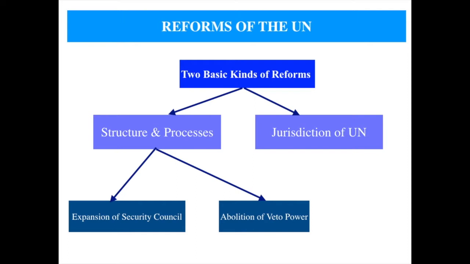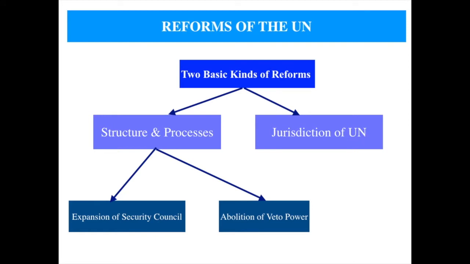Because of these changes in recent years, there have been demands for the reform of the United Nations in two basic kinds. The first is the reform of the United Nations structure and processes, and the second is the reform in the jurisdiction of the United Nations.